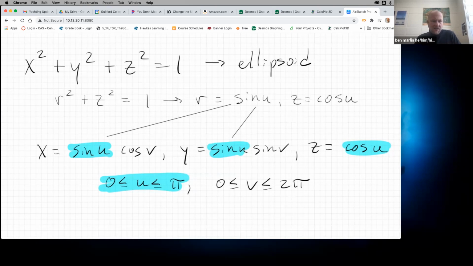And this hopefully explains to y'all where the spherical coordinates setup comes from, right?